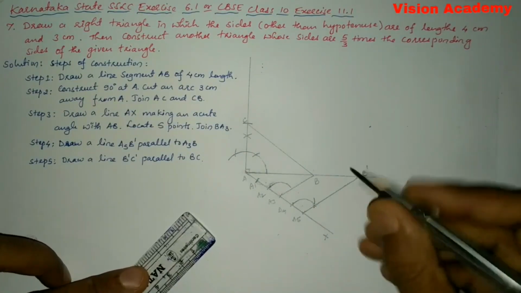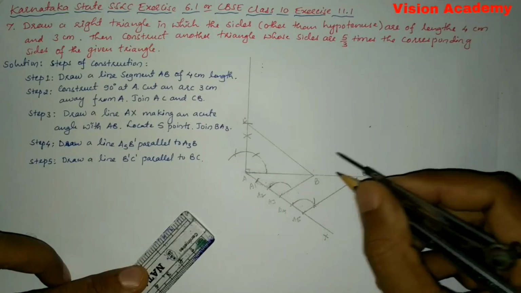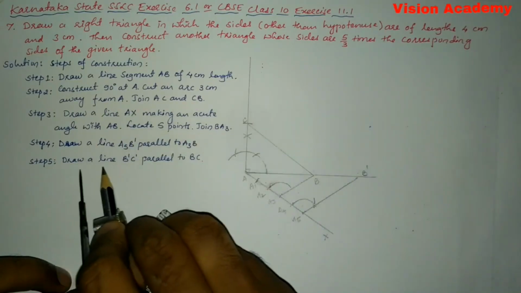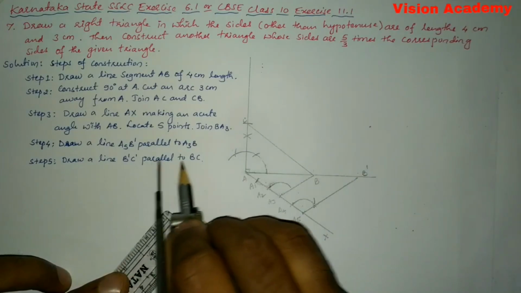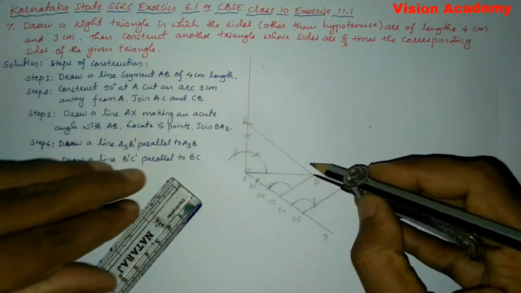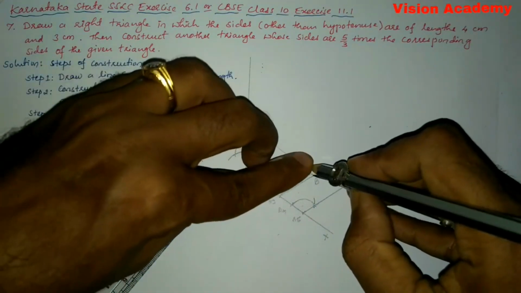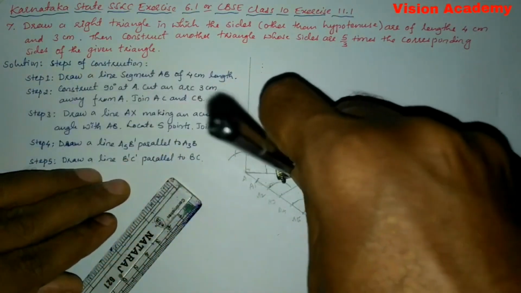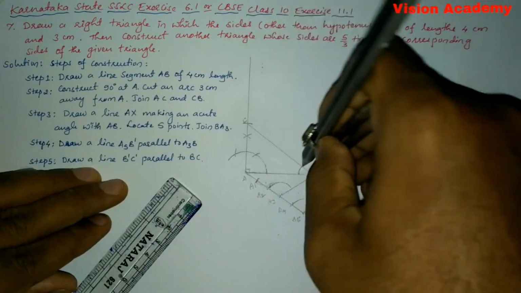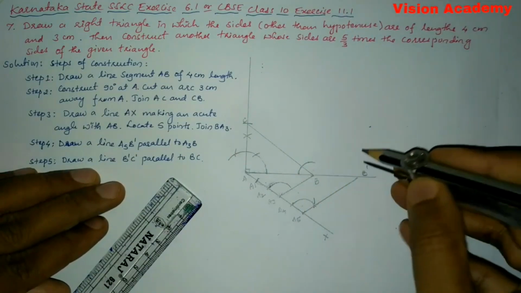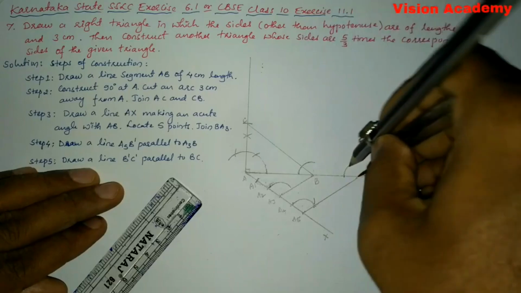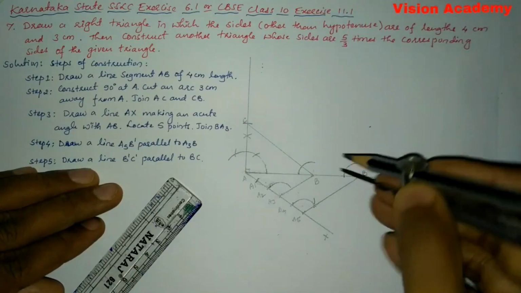Now we are going to draw a line parallel to CB, that is B dash C dash. So step 5: draw a line B dash C dash parallel to BC. Let us draw the curve here, and from this point B dash, let us draw another curve.